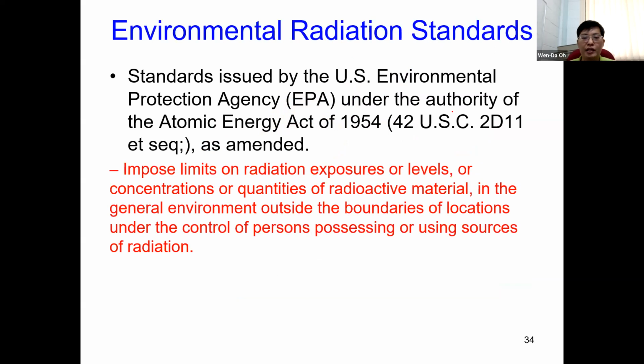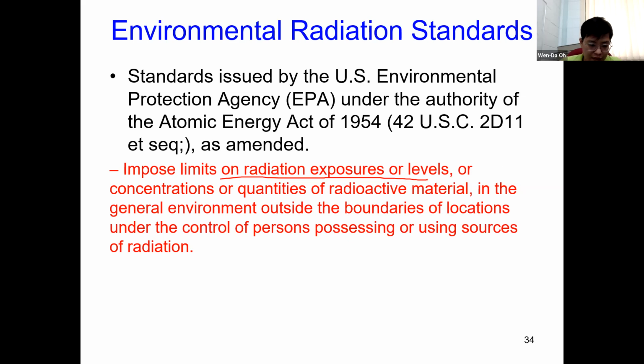So we have the US EPA under the authority of the Atomic Energy Act, whereby we impose limits on radiation exposure. This is one of the rules that limits humans from being exposed to excessive radiation. We have to do this because we must prevent people from being exposed to radiation, so that they will not suffer from health effects.